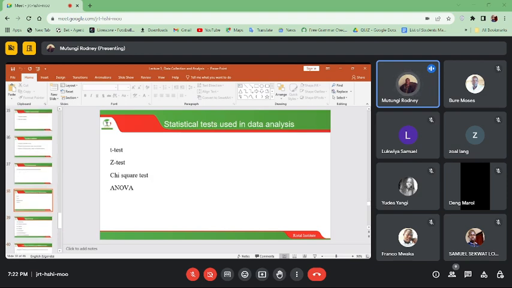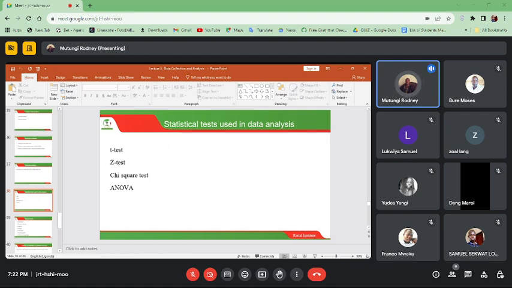And the tests that you can use in inferential statistics include the t-test, the z-test, the chi-square, ANOVA. And here you're basically wanting to show how the relationship between these two variables stands. There could be a relationship, but it is not strong enough.